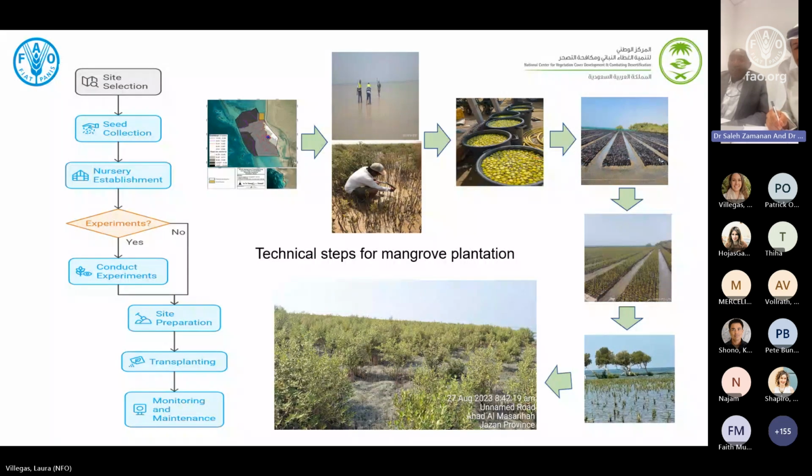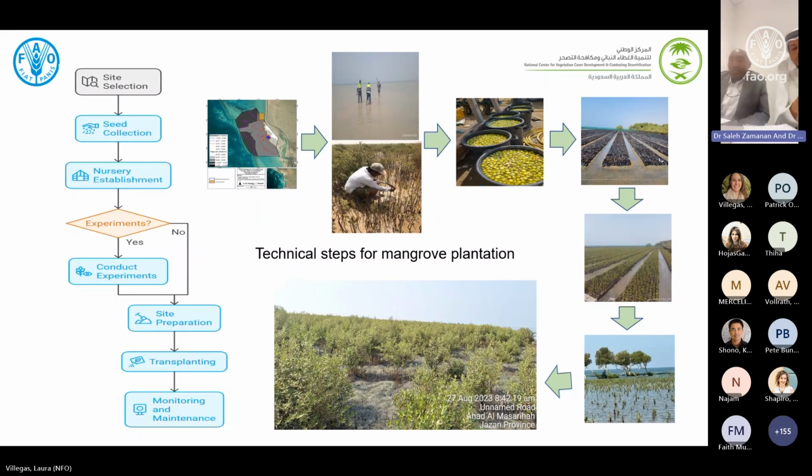We have degraded sites, so we are mostly focusing on the rehabilitation of the degraded sites, and also we go for afforestation. For the degraded sites, we immediately go for the plantation, but for afforestation, we first do small-scale experiments to test the site, then we go for the plantation.